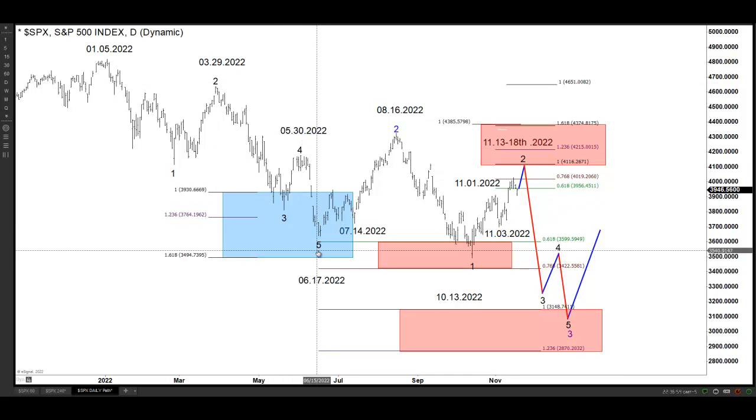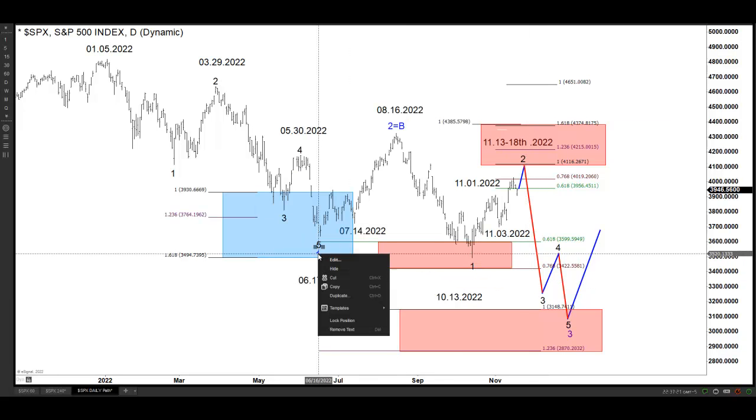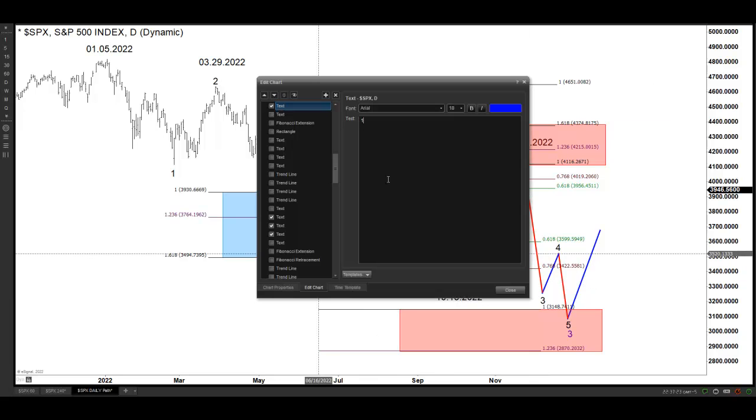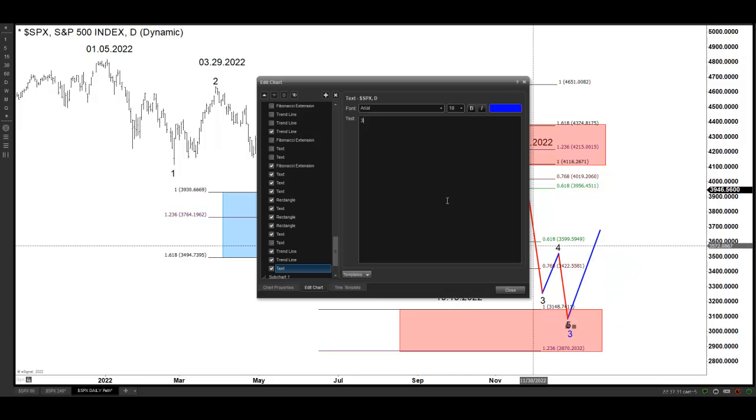This will make sequence 1 or A, then the B, and then the S&P is dangerous at this stage. Why? Because from this sequence, this is not Elliott Wave as such, but the 2 is technically the equivalent right there to the B in an ABC, the 1 is the equivalent to A in an ABC, and the 3 right here is the equivalent to the C in an ABC.